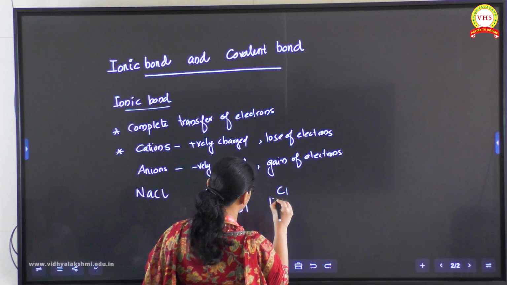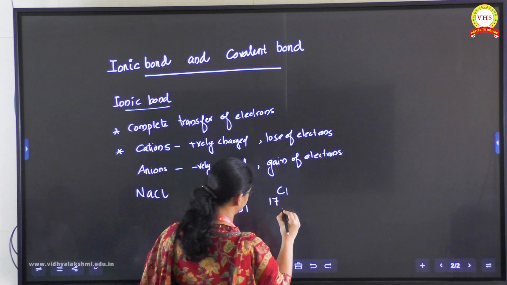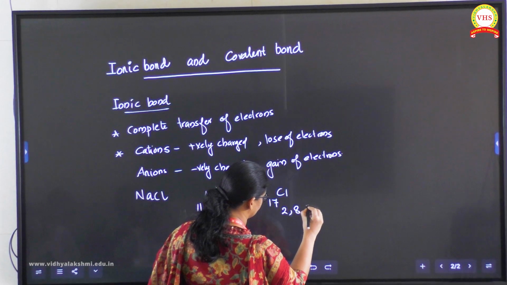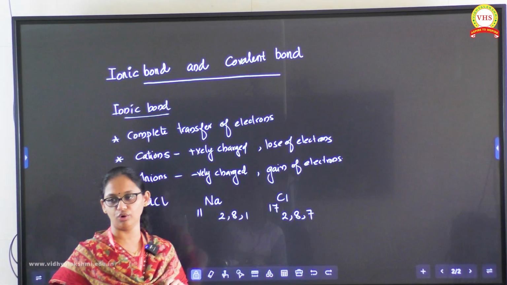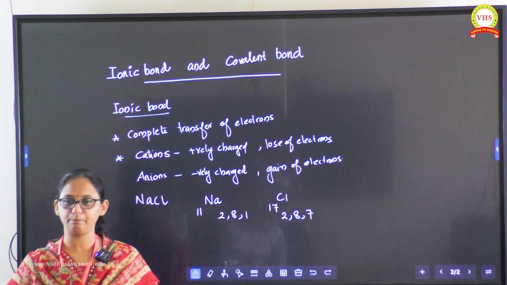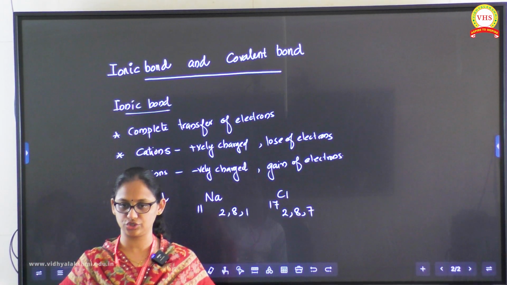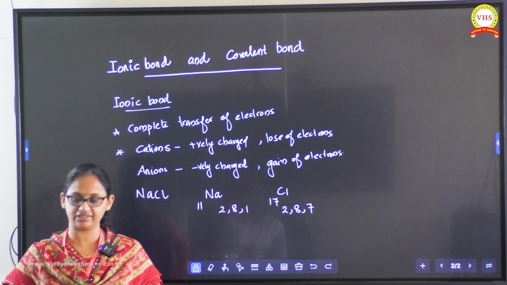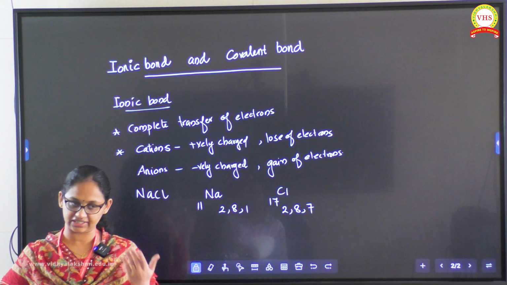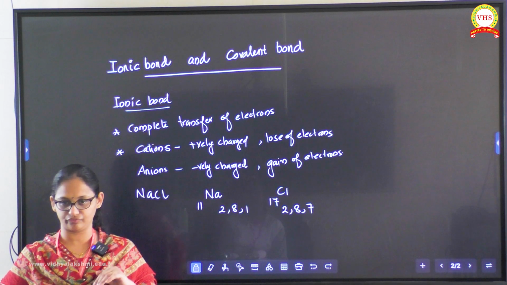Chlorine atomic number is 17 and the electronic configuration is 2,8,7. As you already know, the bond formation depends on which rule? Octet rule. In order to attain stability, to complete their octet, they will either lose or gain electrons.